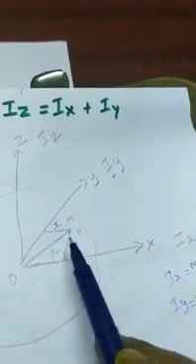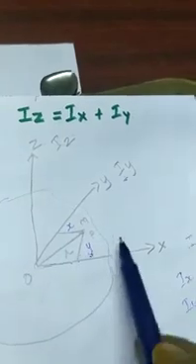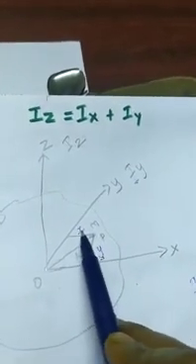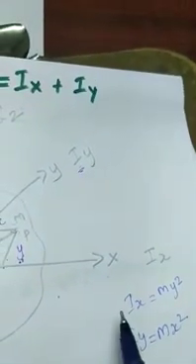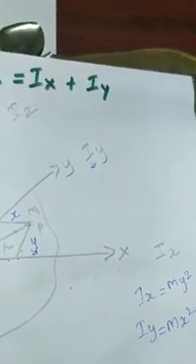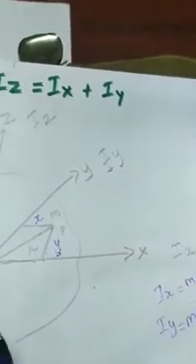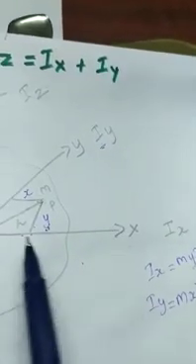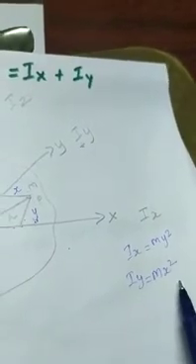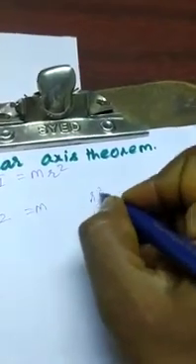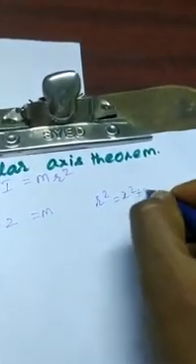And the point rotating about the Y axis covers the X distance. So moment of inertia Ix is equal to M Y squared and Iy is equal to M X squared. So R squared is equal to X squared plus Y squared.